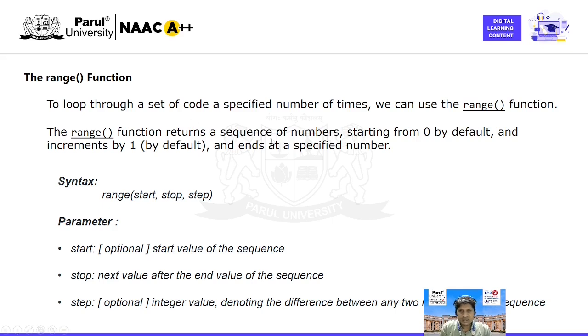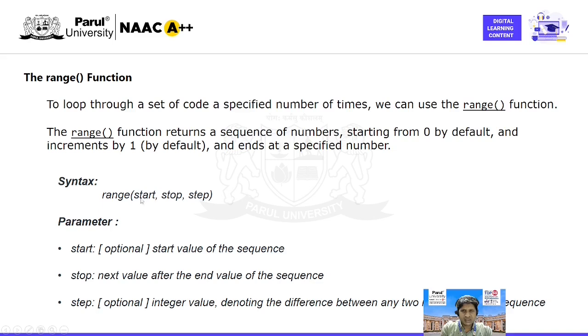The range function returns a sequence of numbers starting from 0 by default. It means, I hope you know very well, the loop starts from 0 always by default if we are not providing any starting value. Remember one thing, remember the working of loop: start, stop and step.